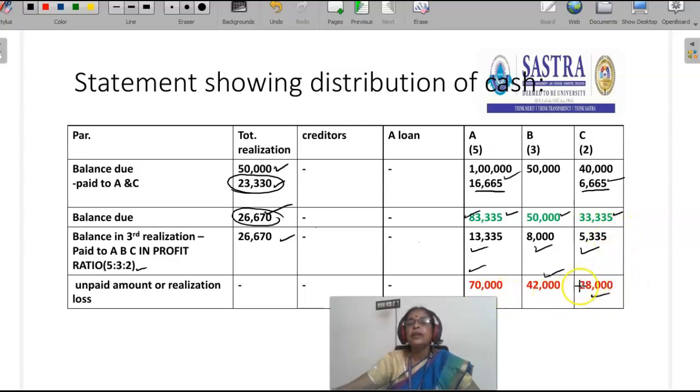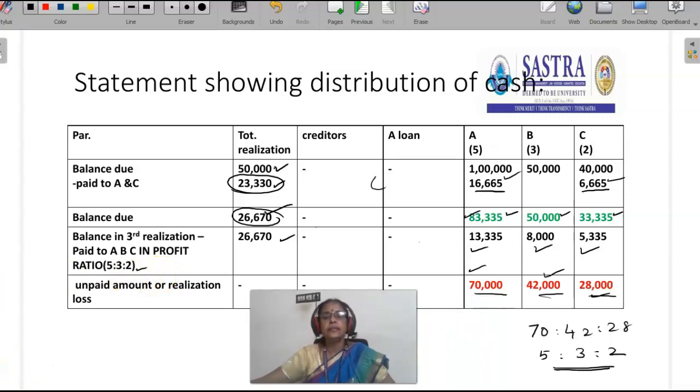If you see, the unpaid capital is in the proportion of the profit sharing ratio, 5:3:2. If we calculate the ratio of the unpaid amounts, that would be the profit sharing ratio. So 70,000 is to 42,000 is to 28,000. 70 is to 42 is to 28.